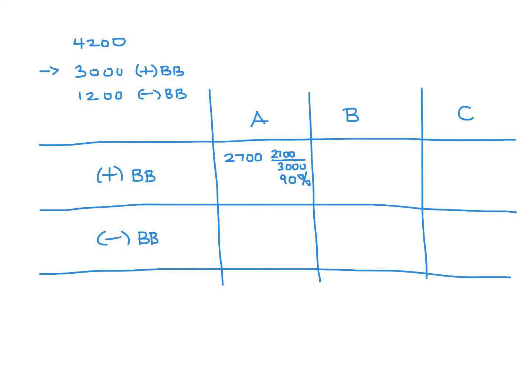So he got 90% correct with regard to which contain blueberry. And that means the remaining 300, he got incorrect. Like, he tasted them and he thought, well, I don't think this contains blueberry.